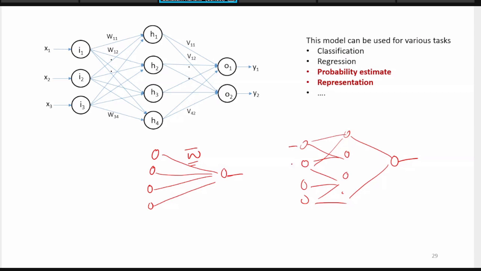In the regression also, this is your input feature vector, and this is y1, which is a scalar. So in regression also, it is necessary to have the hidden layer, because you will be able to get more parameters and a better representation.